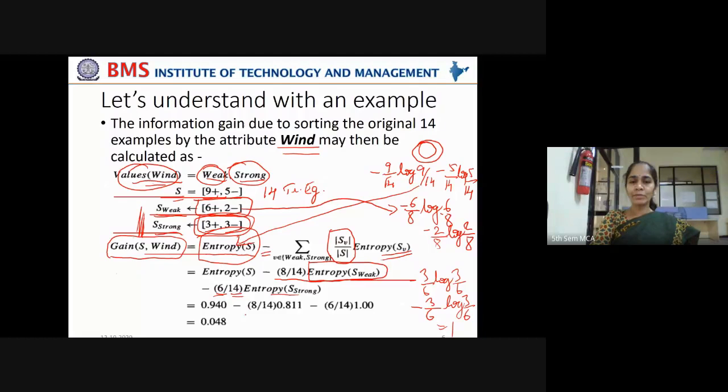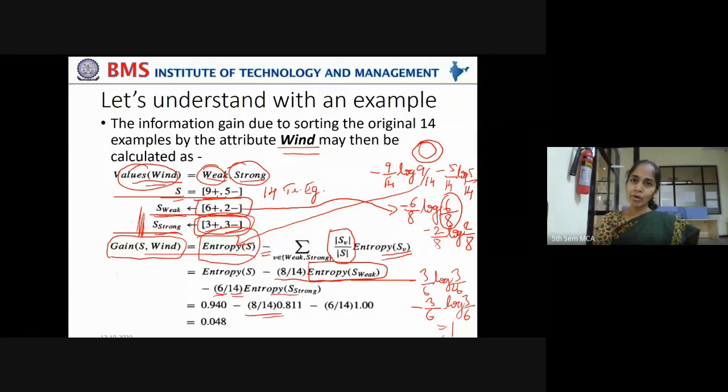Okay, that you substitute. Always remember, when you're calculating in your scientific calculators, you have to take this log as base 2, not base 10. And one more suggestion: whenever you're calculating log of 6 by 8, convert 6 by 8 into a decimal number. 6 by 8 will give you around 0.75.